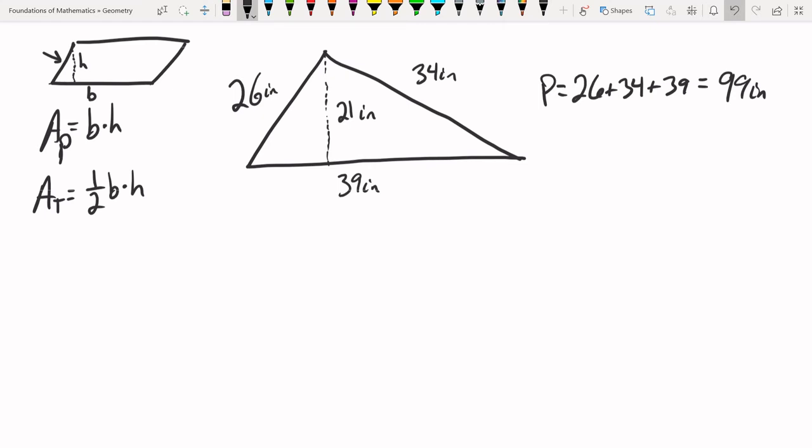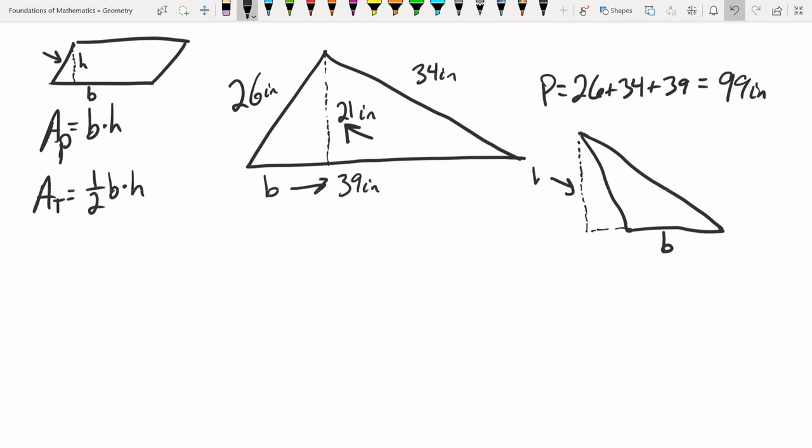In the triangle, you have to make sure the height measurement, in other words, this 21 here, that's the height. Wherever that touches, this is going to be our base. I could flip this triangle around a little bit. It'd look, I think, something like this on its side. Now, if this was the base, then the height measurement would be this distance right here.